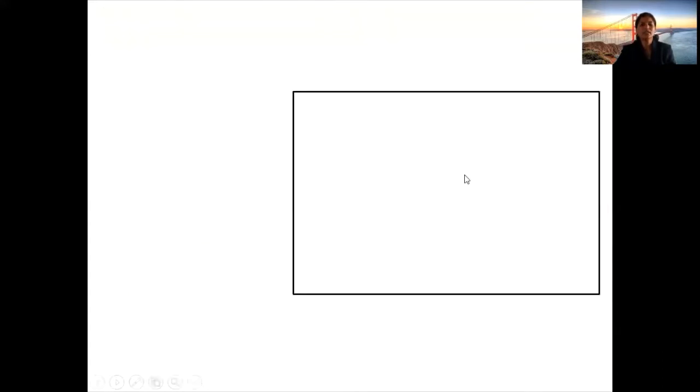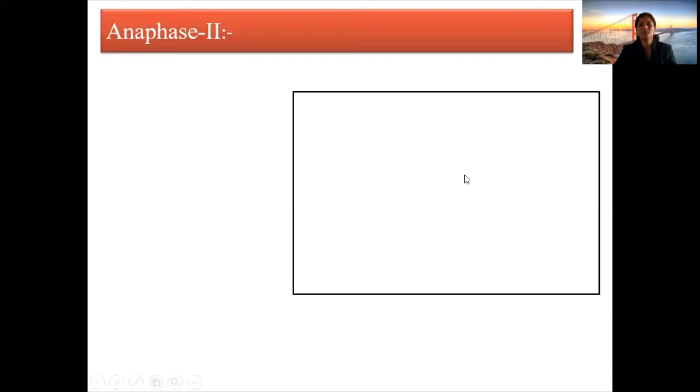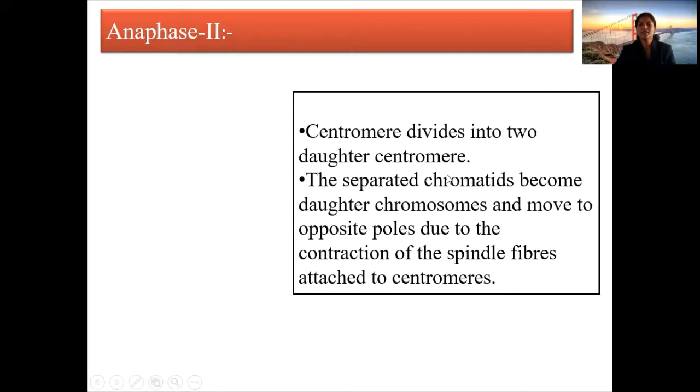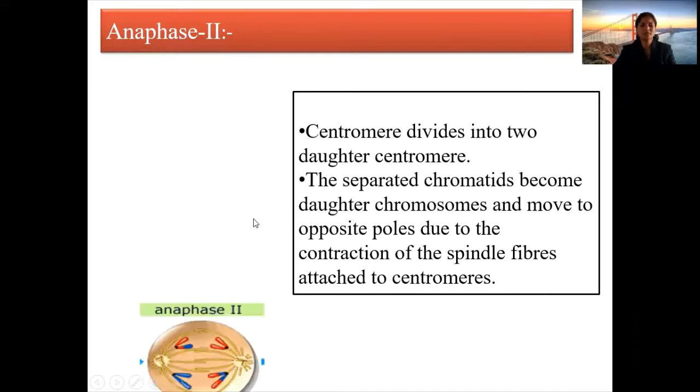Now the next is anaphase 2. In anaphase 2, the centromere divides into two daughter centromeres and the separated chromatids become daughter chromosomes and move to opposite poles due to the contraction of the spindle fibers attached to centromeres.